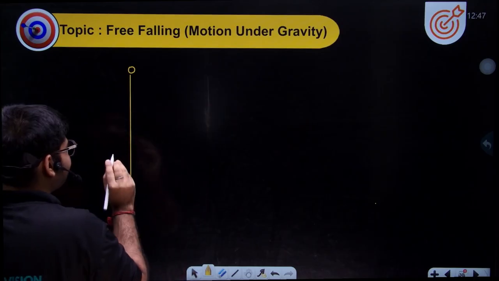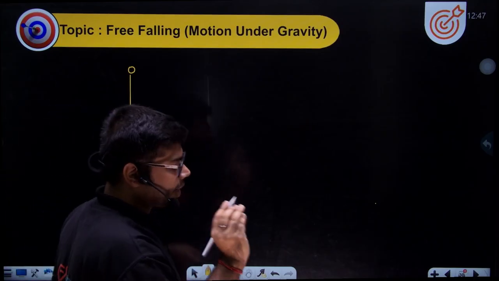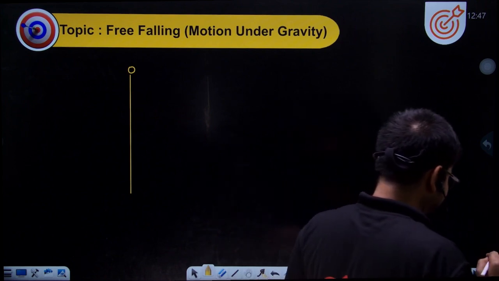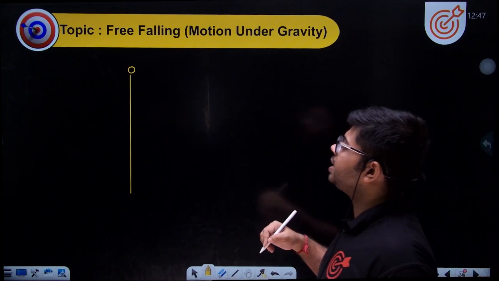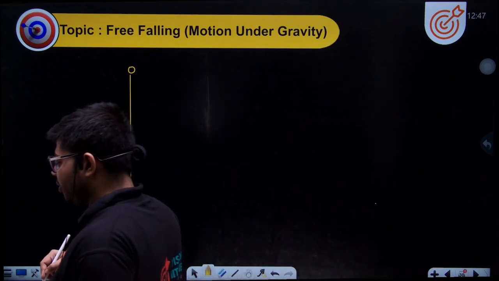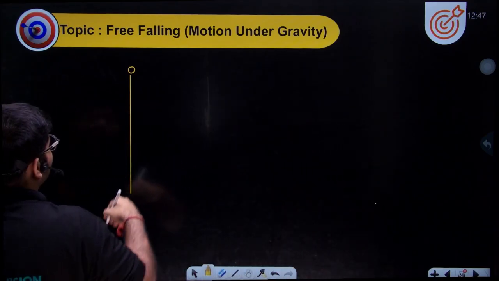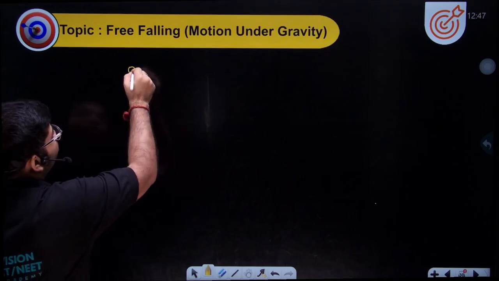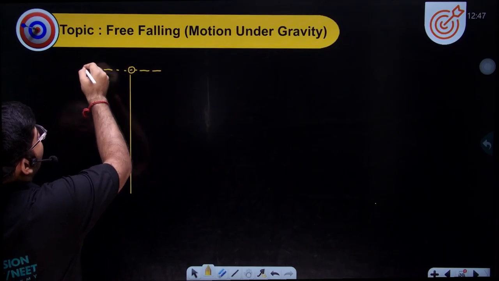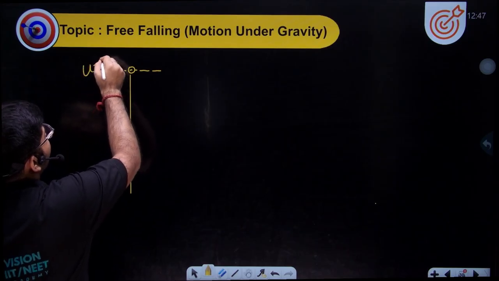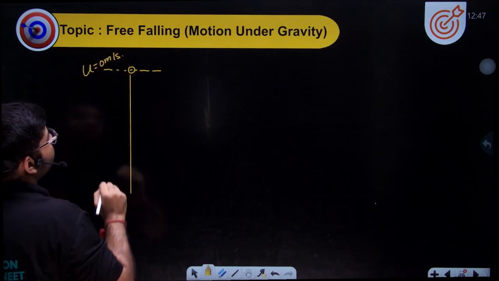This ball is being dropped from this tower. Okay, so certain things we need to keep here in mind. Okay, what are these things? First and foremost, always remember, you are dropping it na. So initially what was the velocity before you drop? U is equal to 0 meter per second. Okay.